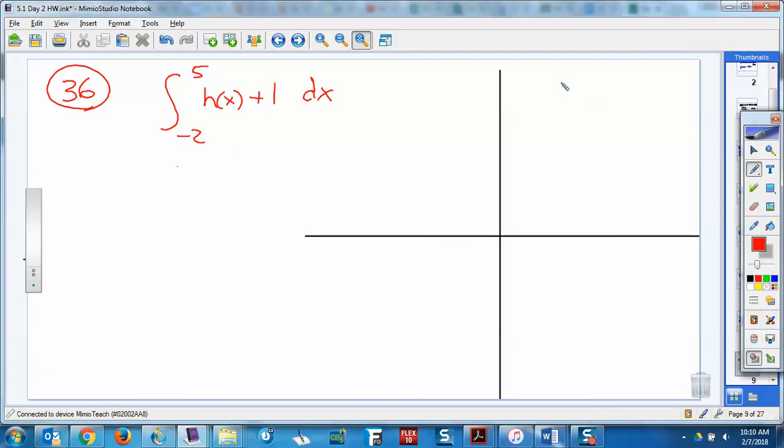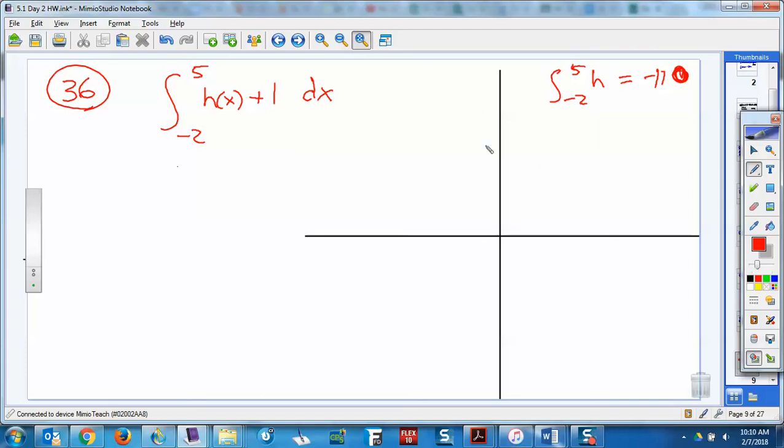So you're told over there in the directions that the integral from -2 to 5 of h is -11. And then it says plus 1. So you go, oh yeah, so that's -10. Now, what is the answer for 36? It's -4. Okay?